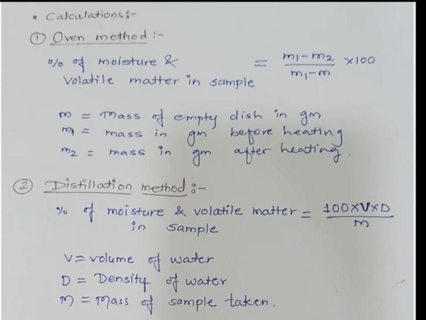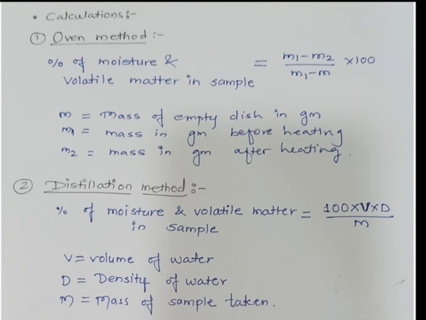So, the calculation for the first method, the oven method: the percentage of moisture and volatile material is calculated as (M1 minus M2) divided by (M1 minus M), multiplied by 100. Initially we weighed the empty dish, so M is the mass of the empty evaporating dish in gram.